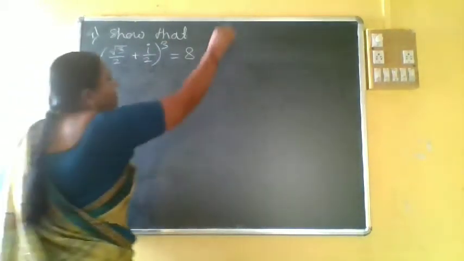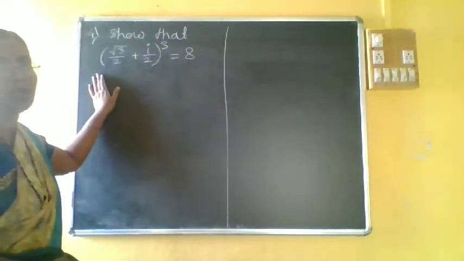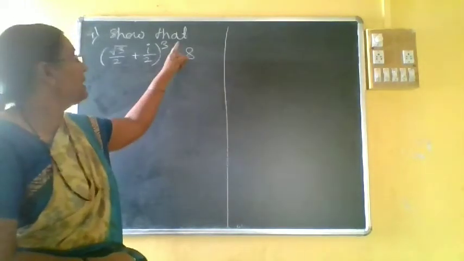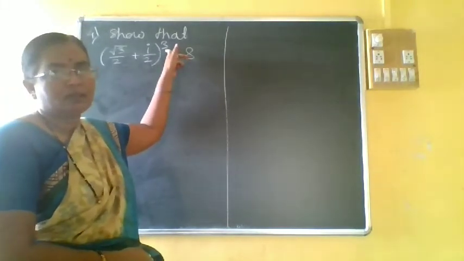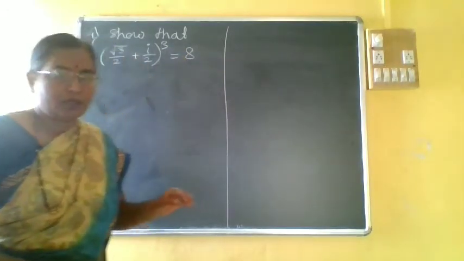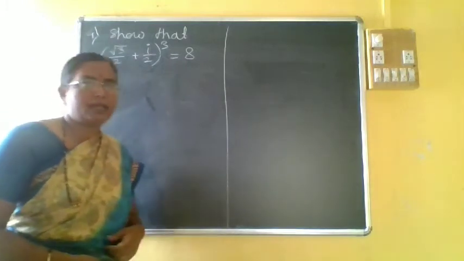We have to show that the bracket is given to us, and when we solve this bracket, here given is a cube, so we have to know about the cube of the brackets and the expansion of the cube of the brackets.